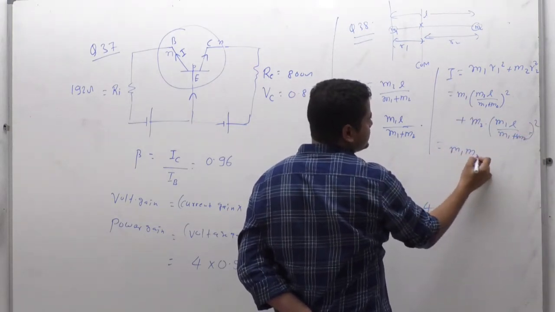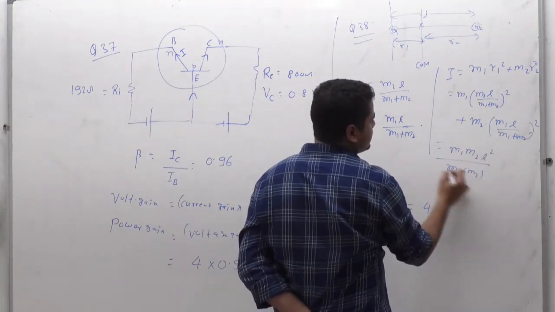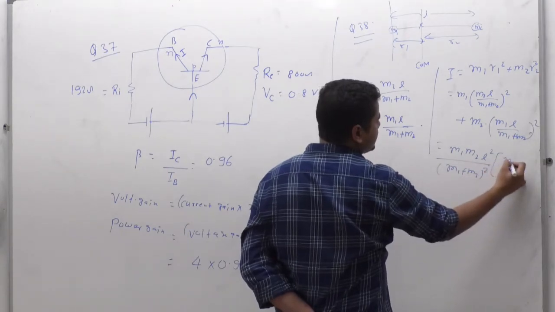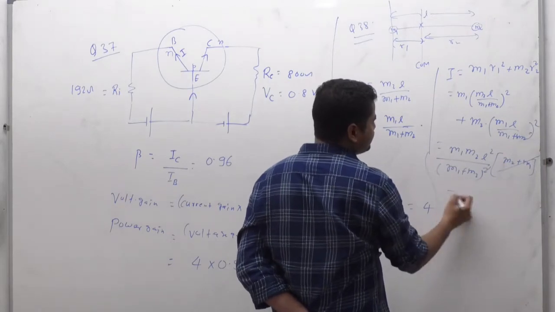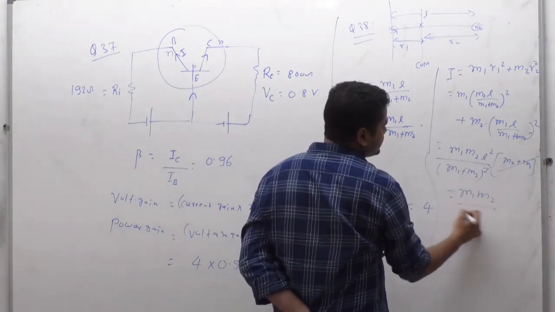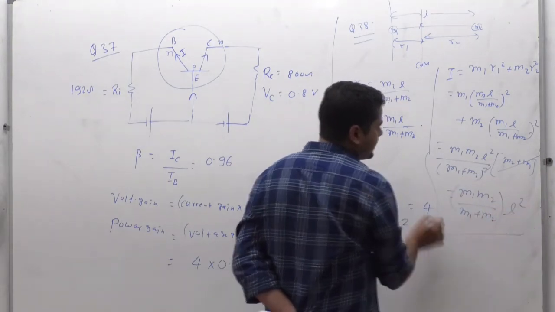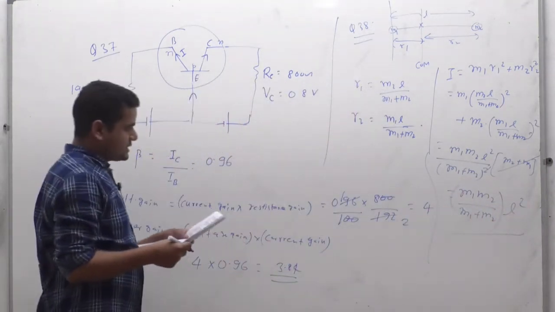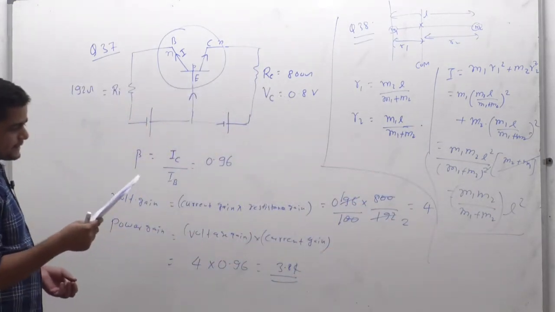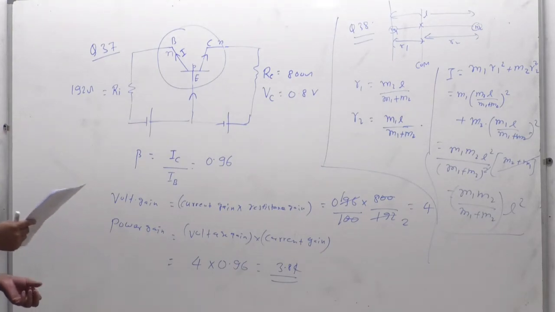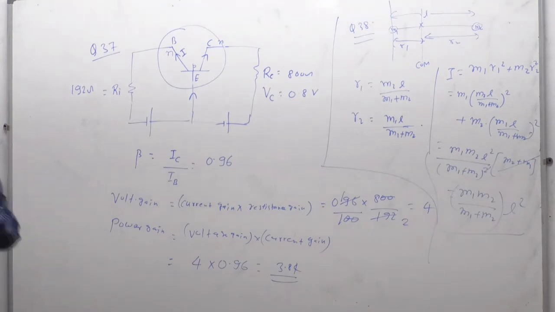M1 M2 L square upon M1 plus M2 whole square is common. In the bracket you get M2 plus M1, which cancels with the denominator term. So the final answer is M1 M2 upon M1 plus M2 into L square. Option D is the matching one, so option D is the correct answer.